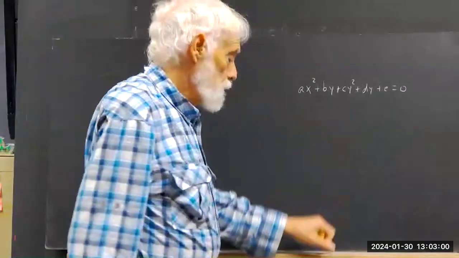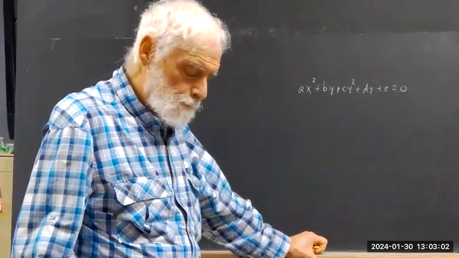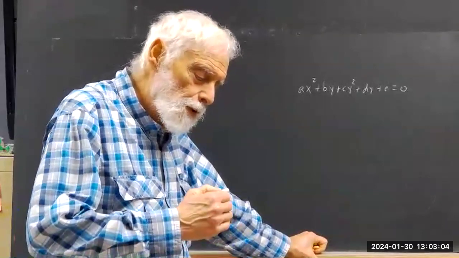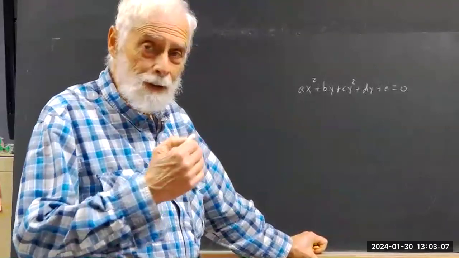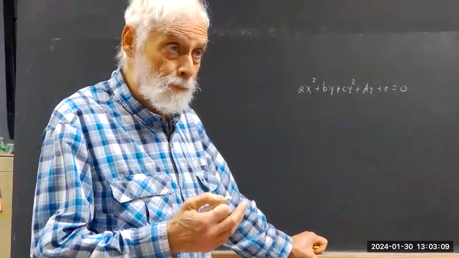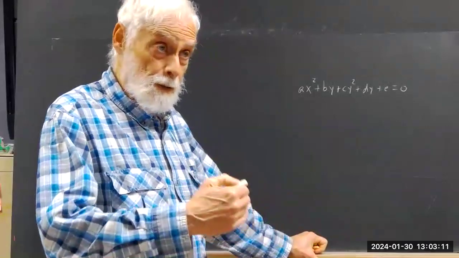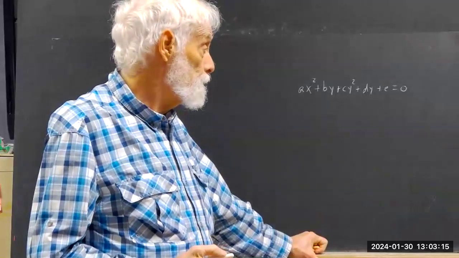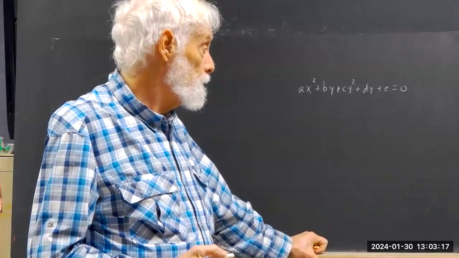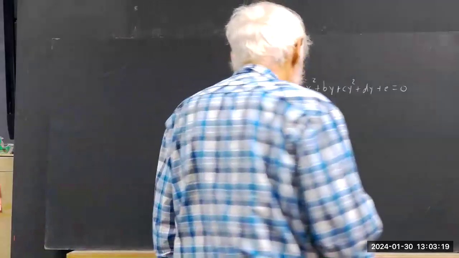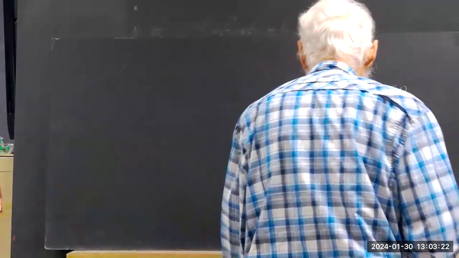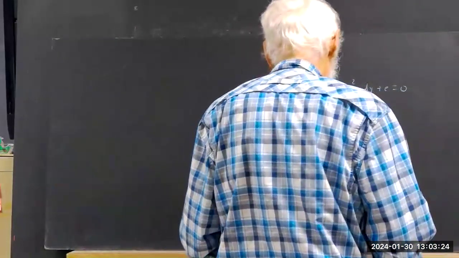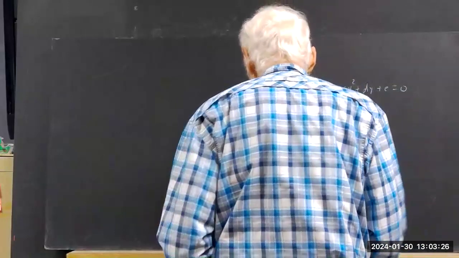This particular quadric surface, the axes of all the parabolas, hyperbolas, ellipses, whatever, would be parallel to the coordinate planes. We're in three dimensions. It's a general quadric form.